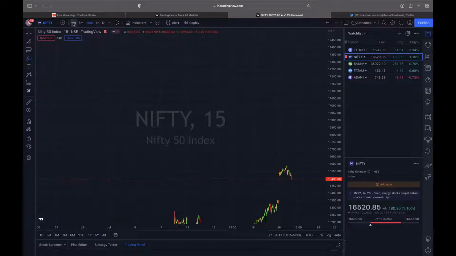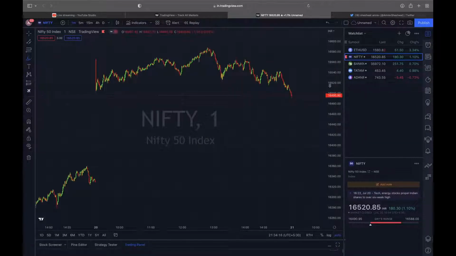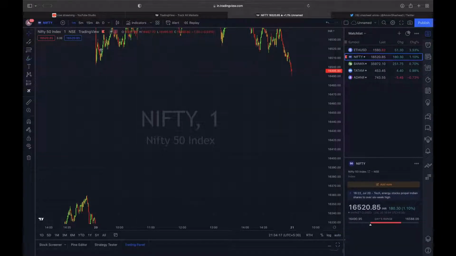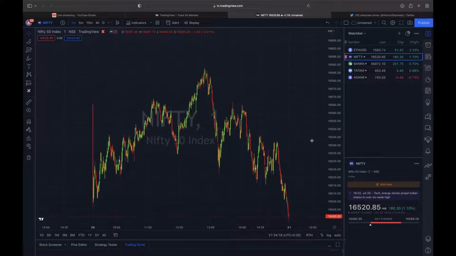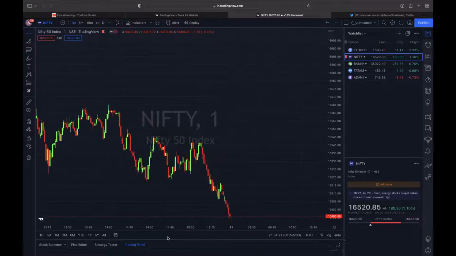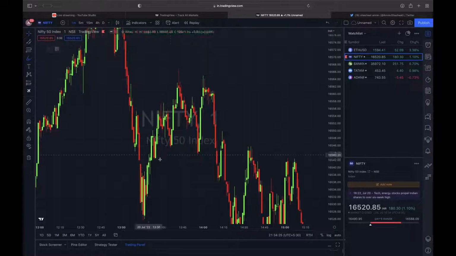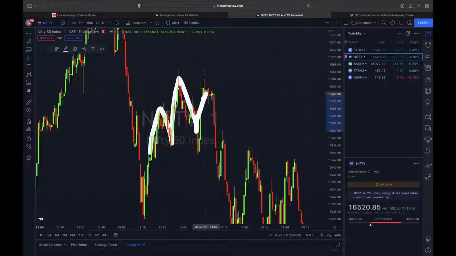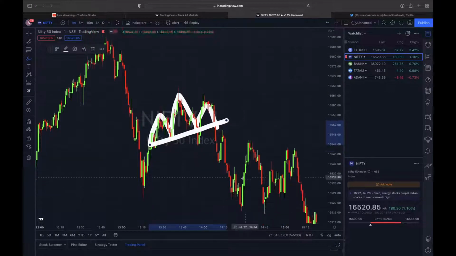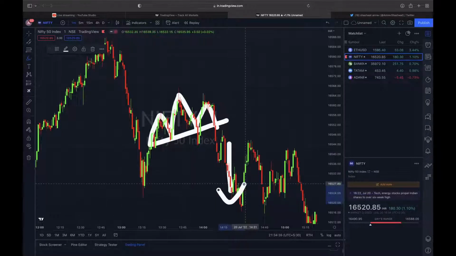Let's spot this in the current market itself. 1 minute time frame. I go auto. Can you spot a head and shoulder, everyone? See, I too can, but can you see? Shoulder, head, shoulder, neckline, and after the neckline, a fall.